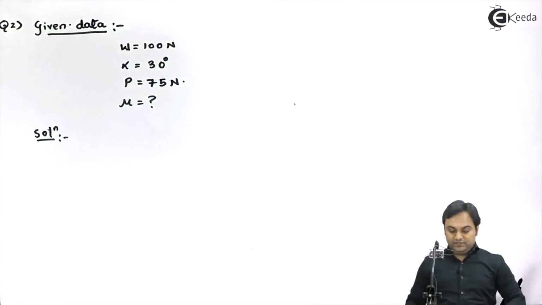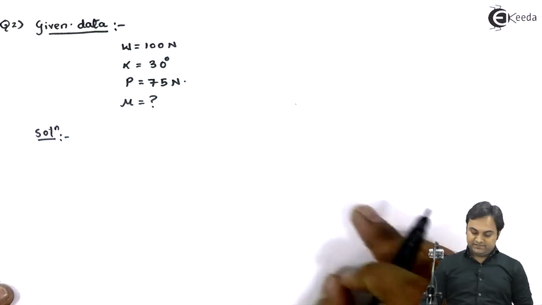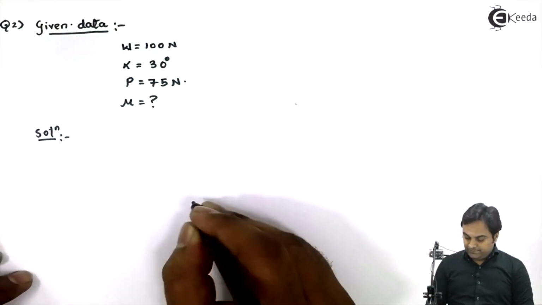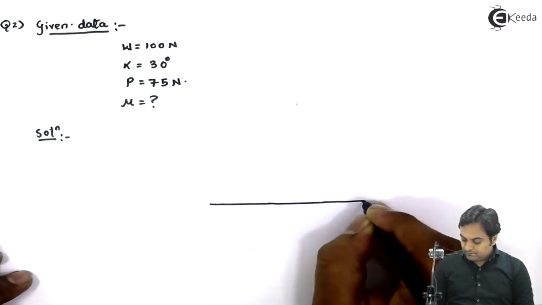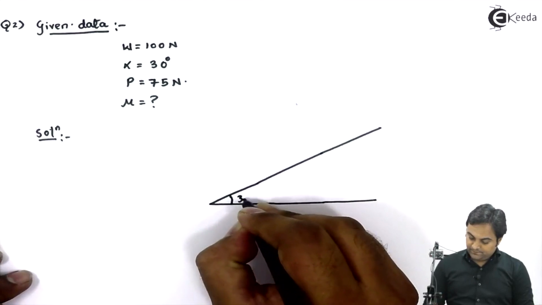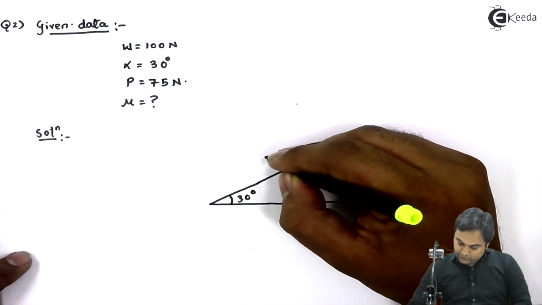In the solution part, the first step is I would be drawing a diagram based on the description here that the plane is inclined at 30 degree to horizontal. Here I have an inclined plane of 30 degree over which a block is kept.